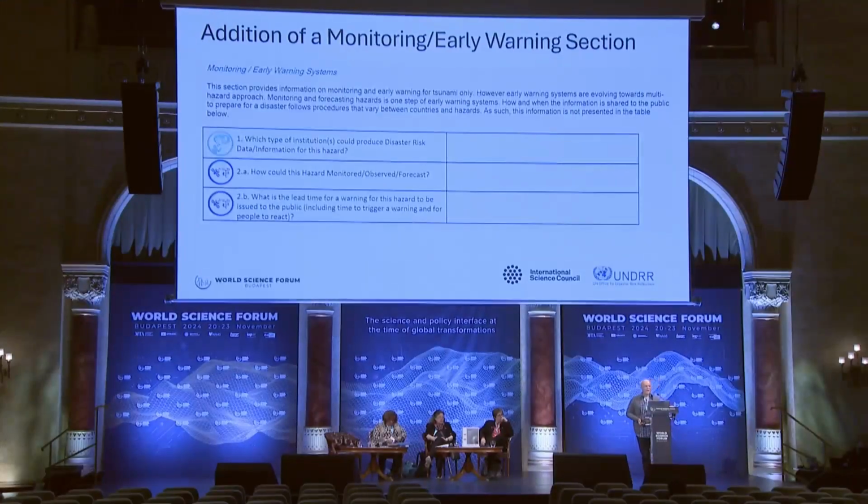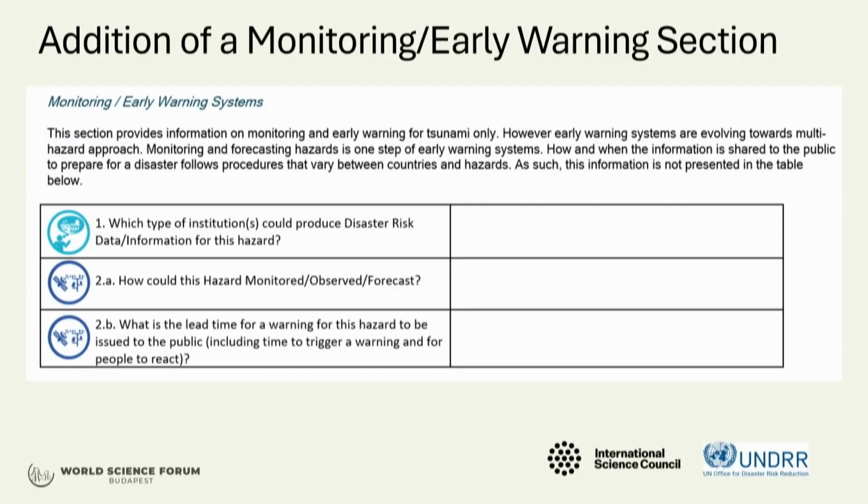And here is an example of how these monitoring and early warning systems can be reflected in the review by considering different key components, which are who is the owner of the information about the hazards and their interactions, who is the actor or agency in charge of monitoring and observing the hazard, and also what is the lead time for people to escape from a certain hazard activation or warning activation.